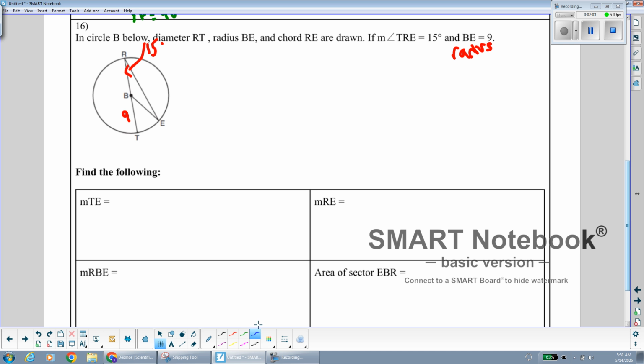First, I need to find the measurement of arc TE. So if this angle is 15 degrees and it's inscribed, and it opens up to arc TE, then that means that arc TE must be 30 degrees, because inscribed angles are half their intercepted arc. Okay, now the measurement of arc RE.